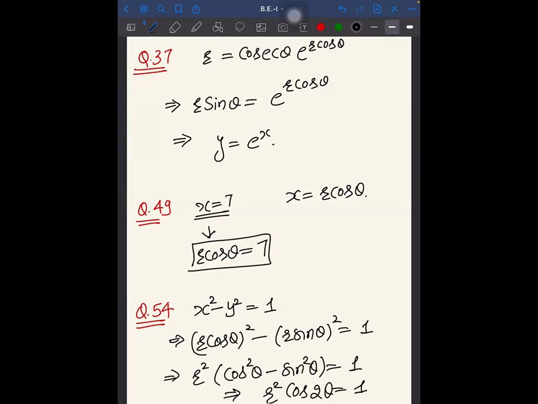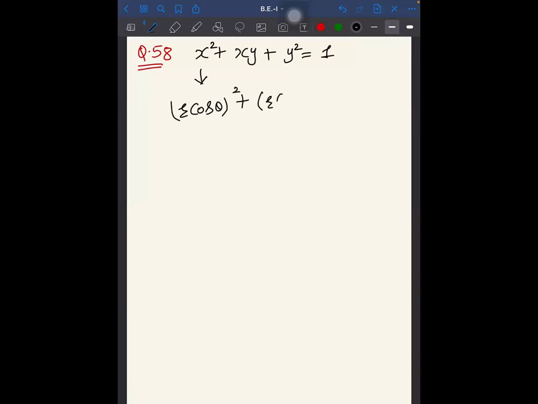So next is question number 58, and that is x square plus xy plus y square is equal to 1. So you replace x and y by r cos theta and r sin theta. From these two quantities, you have r square over here.